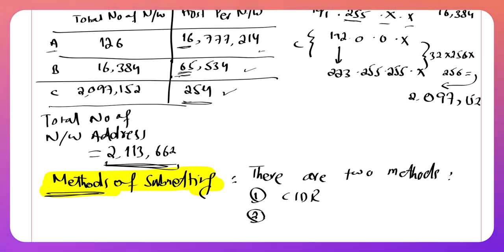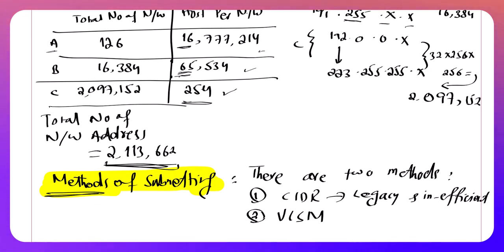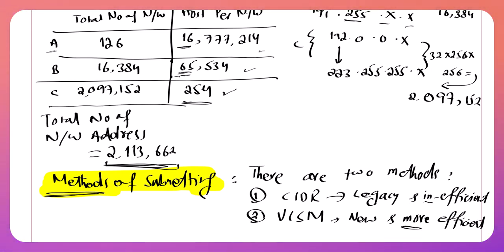The second method is VLSM. CIDR is a legacy and inefficient method. This is the new and more efficient method. We will prove how it's more efficient and how the other is inefficient. This is supported by the old routers, this is supported by the new routers.